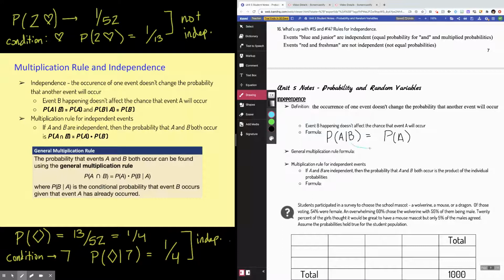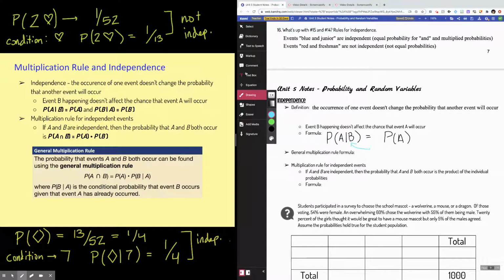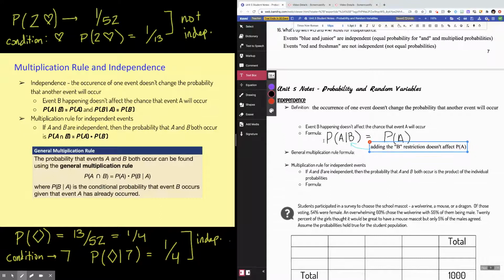So what this means, in layman's terms, is that adding the B restriction doesn't affect the probability that A will occur. It doesn't actually affect the number, right? So that's literally what this formula means, okay?